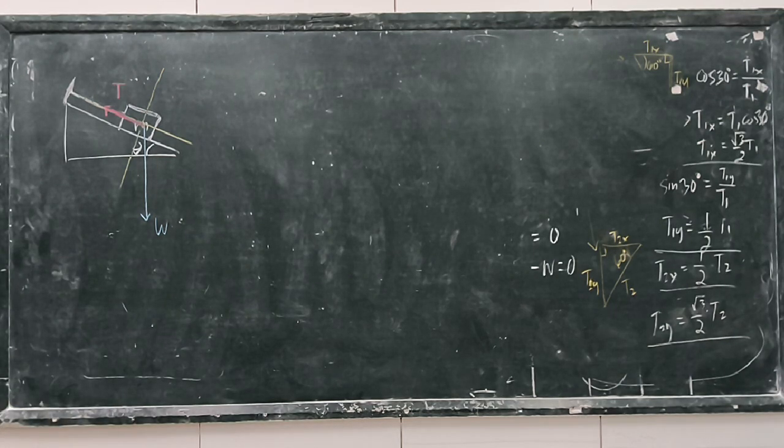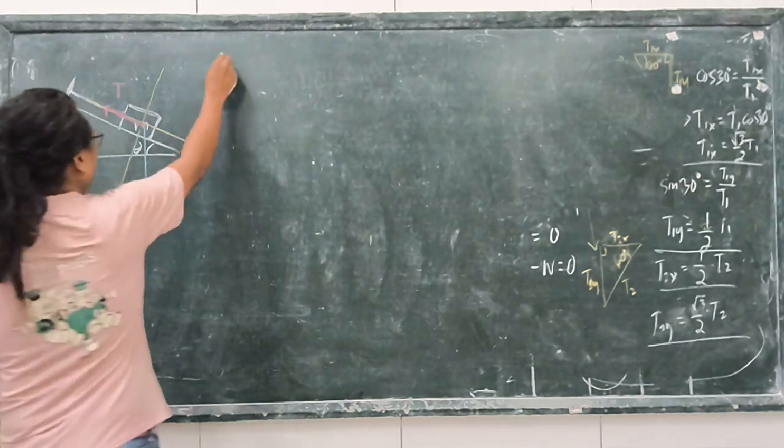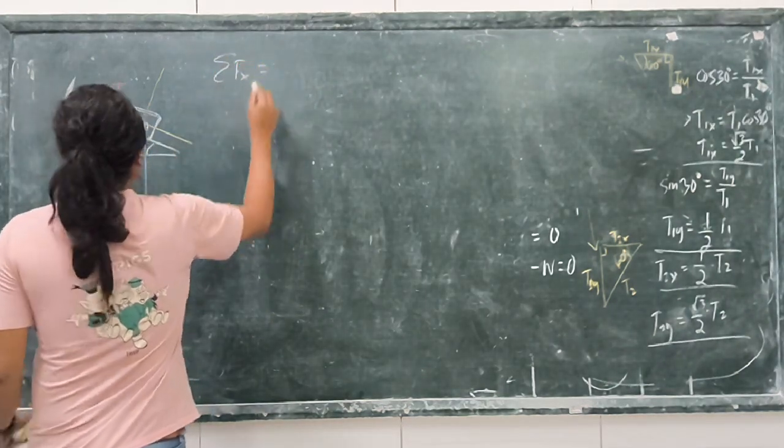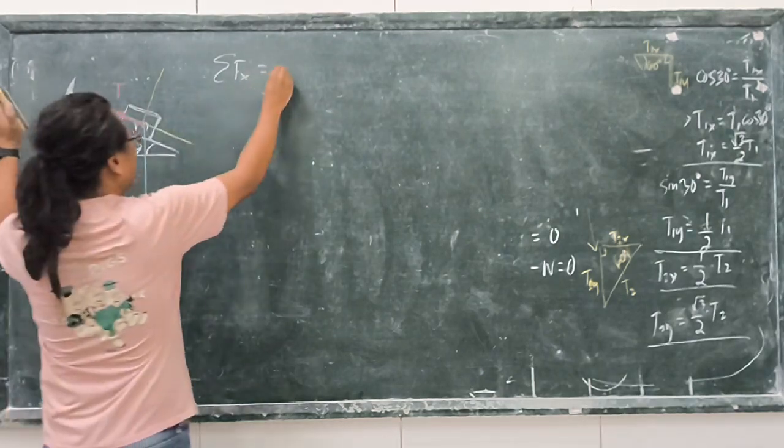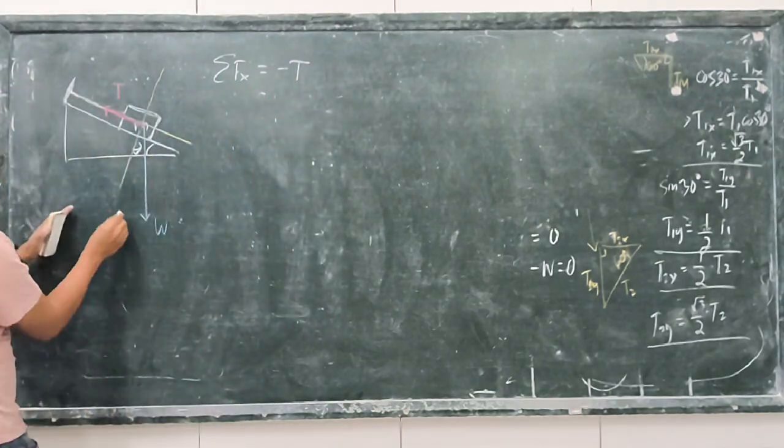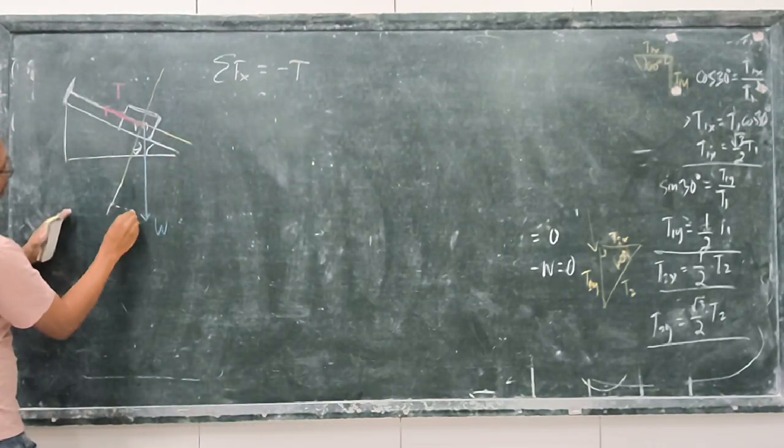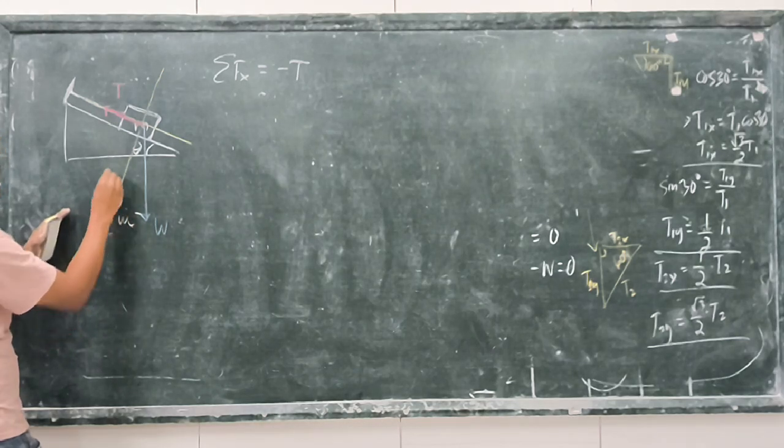Okay? So, in this case, T is unknown. We only have one unknown, so we will only need one equation here. So in this case, purely along x, we will use the summation of forces along x, right? What are the forces along x? Now, on the negative side, you have minus T. On the positive side, you have weight x, and you have weight y here, right?